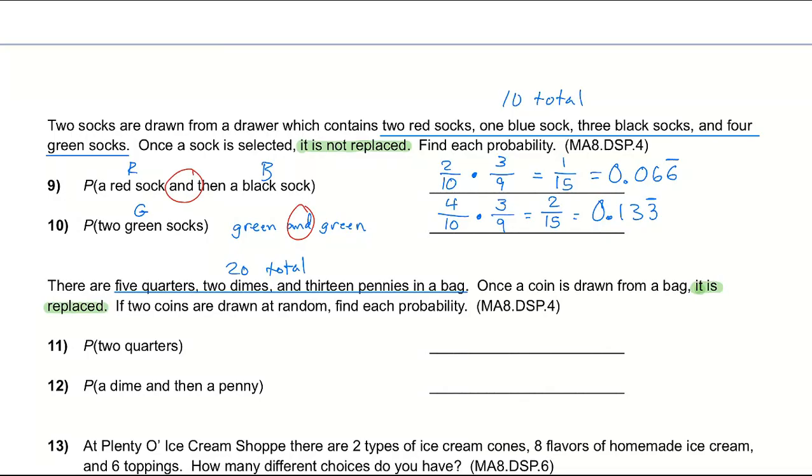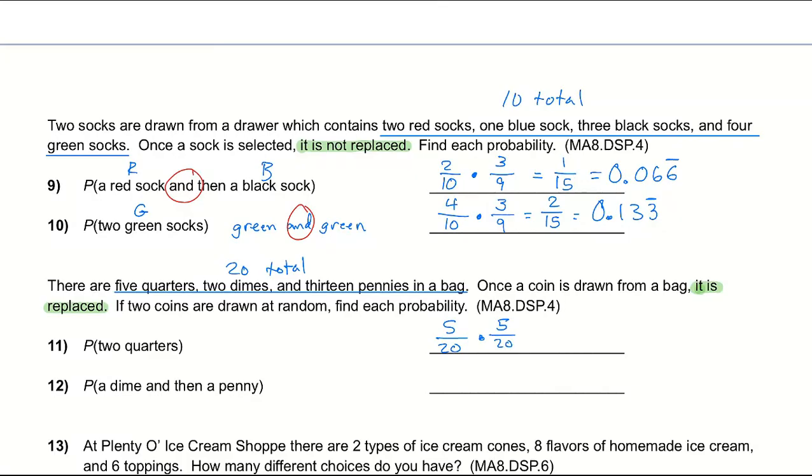So 2 quarters is going to be, again, 1 quarter and 1 quarter. So there's 5 quarters out of 20 total times the same thing because it's being replaced. So 5 out of 20.